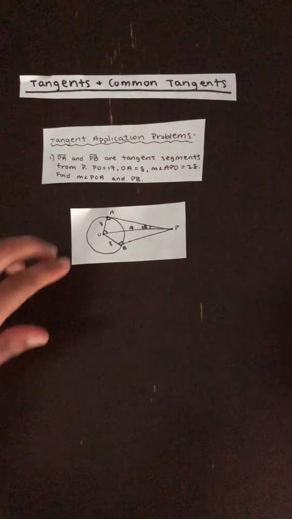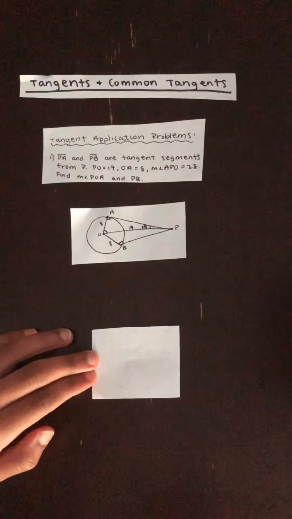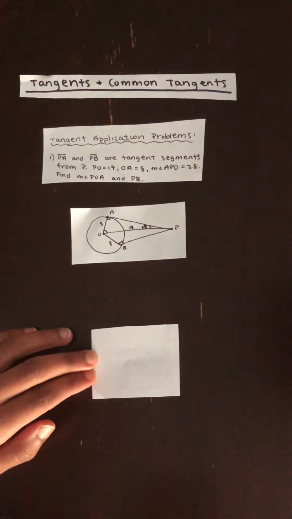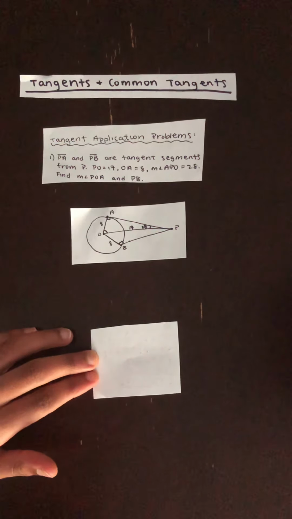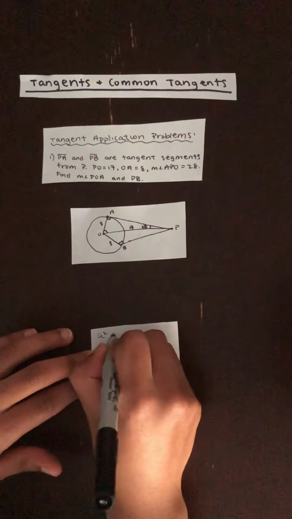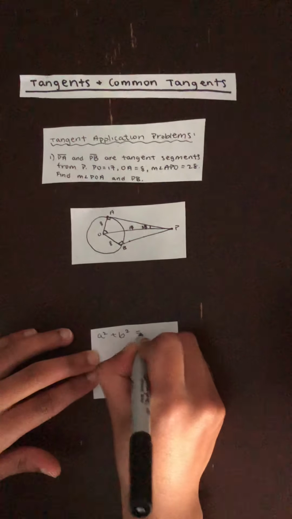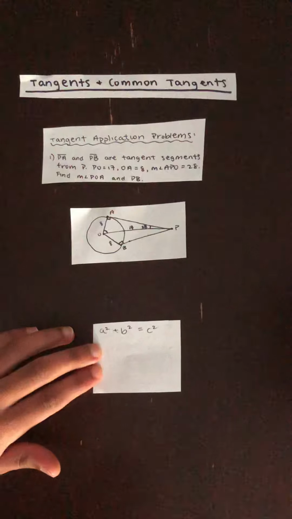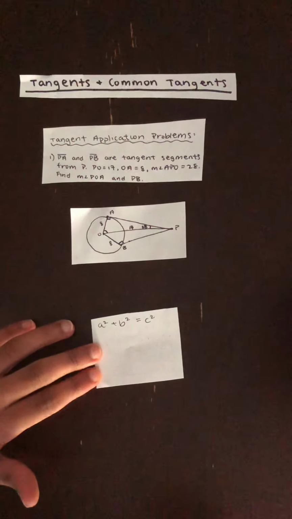In order to solve this, we're going to have to use the Pythagorean theorem. We can use it to solve for the segment PB. So a squared plus b squared is equal to c squared. That's the Pythagorean theorem, and let's substitute what we know.